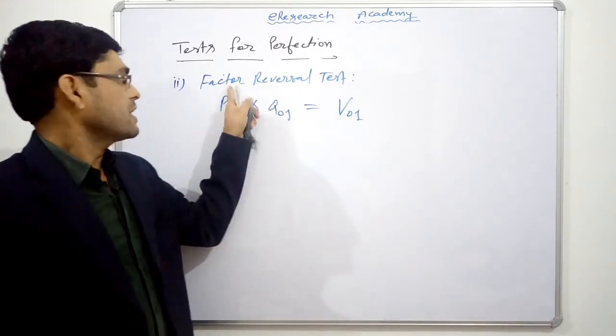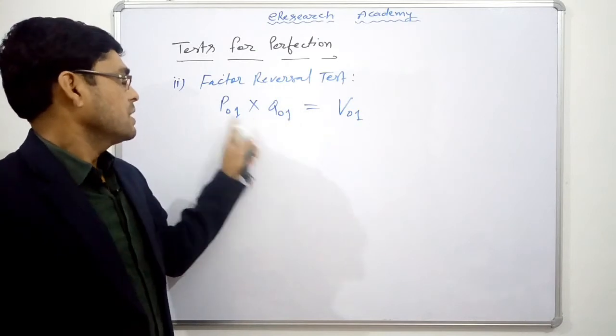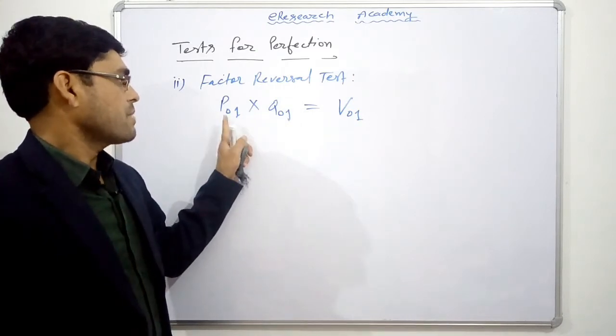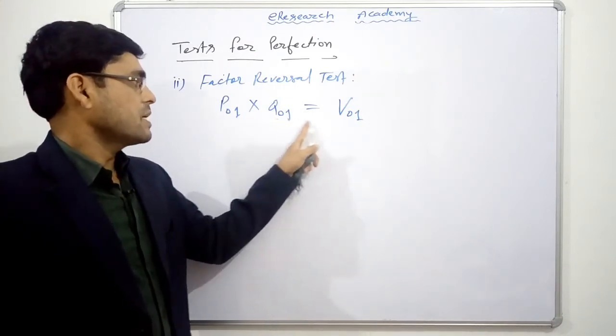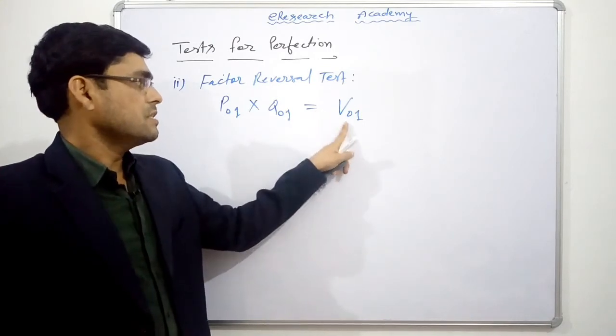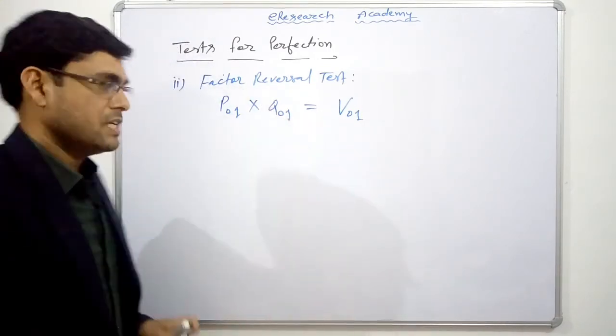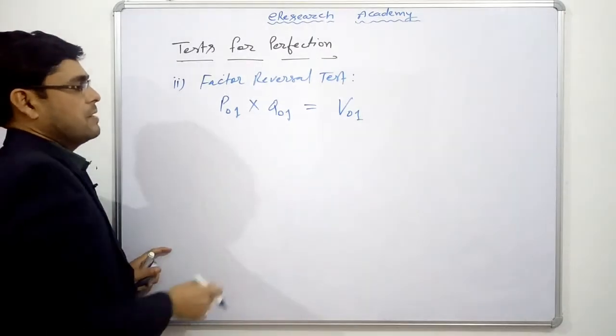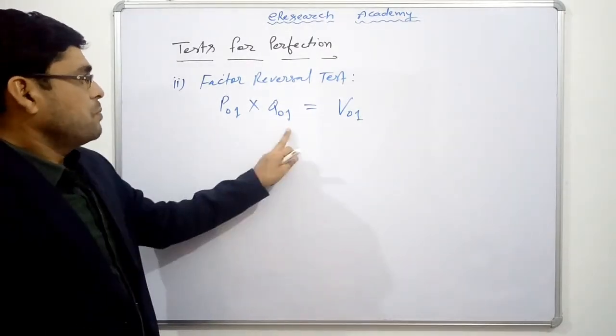Okay, so the factor reversal test says that the change in price index times the change in quantity index is equal to the change in value index, or the total change in value. Let's prove it.